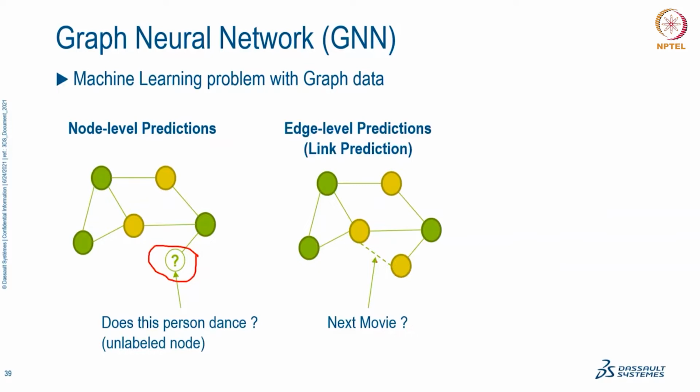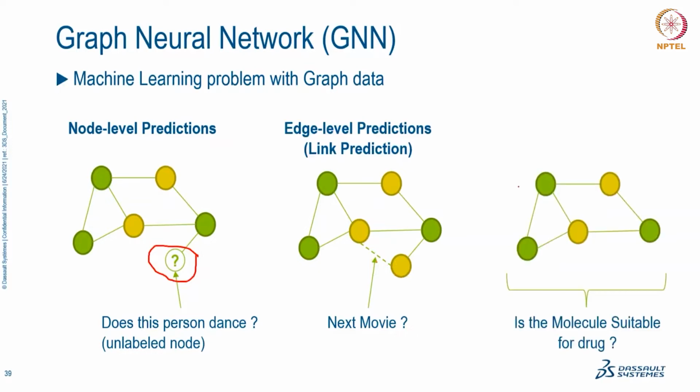Now, these are the two separate predictions. What if you consider this as the structure of a drug molecule, and you want to classify whether it is a safe drug or a dangerous drug, which can be used for medicine or not?